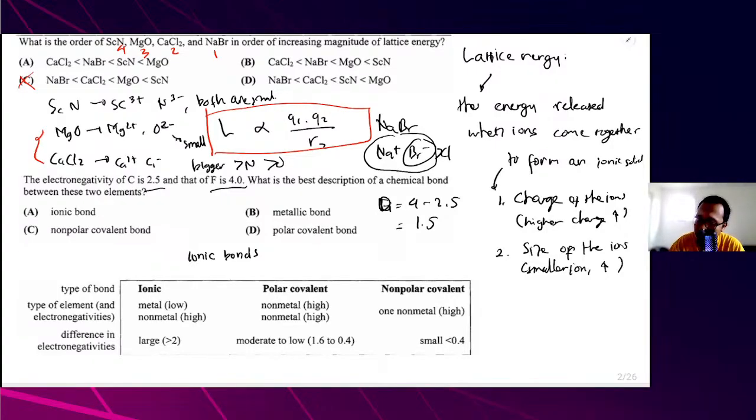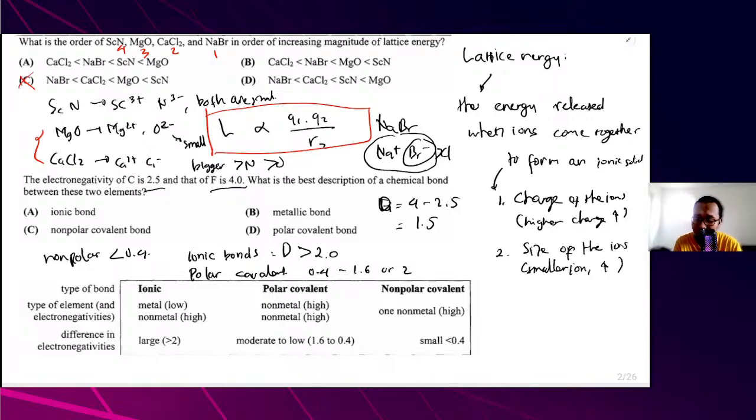In general, an ionic bond has a difference more than 2.0, a polar covalent bond is in between 0.4 and 1.6 or 2.0, and non-polar is less than 0.4.